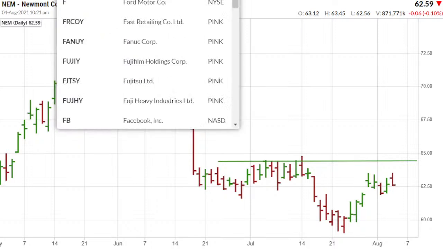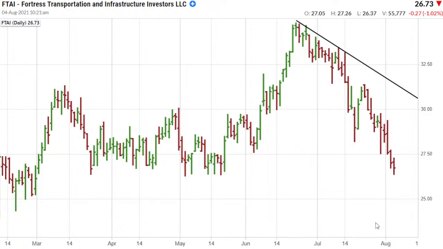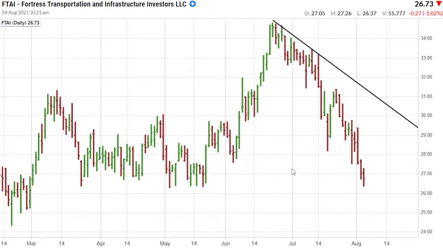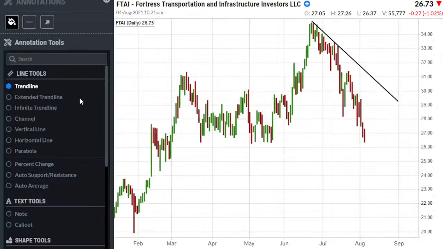So moving on here, we got FTAI, which looks like another good candidate for dropping off the list. This is a very similar sort of thing here. There's sort of a level here that it's trying to hold, and so one of two things are about to happen.